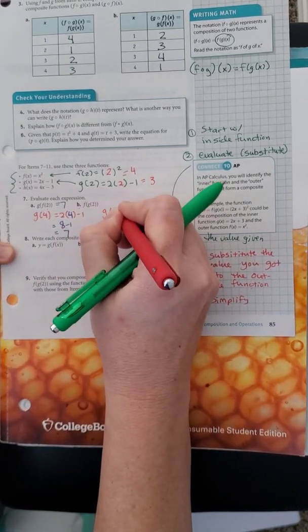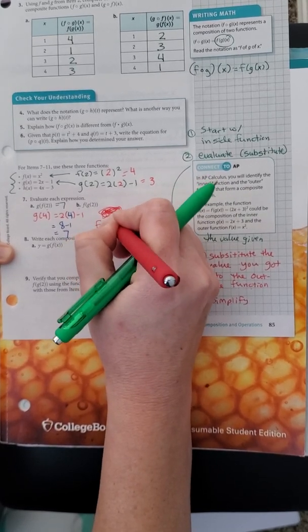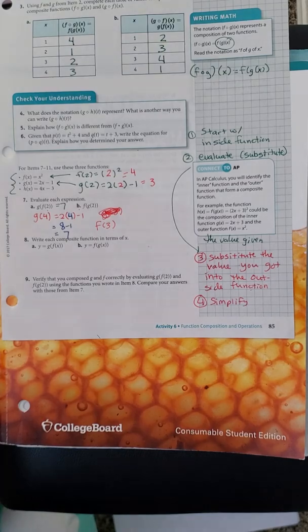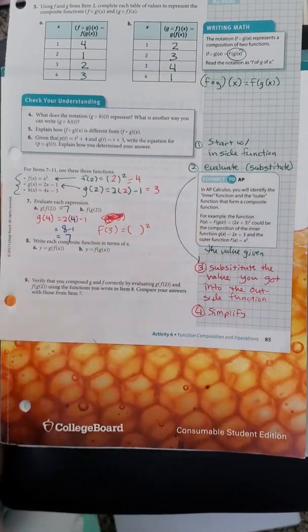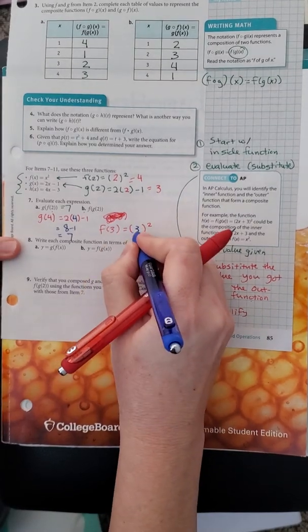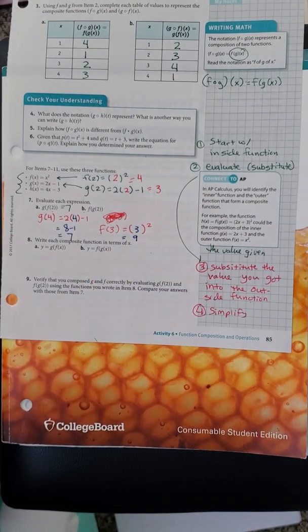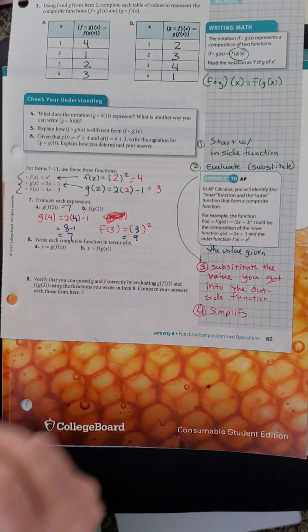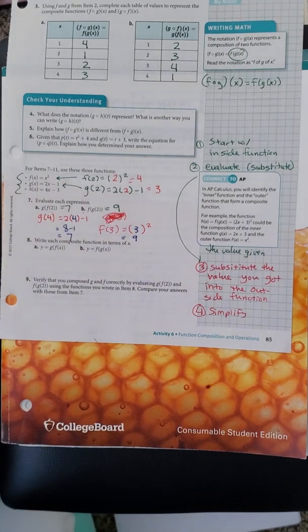I'm sorry, which is f, and I just wrote g. F of 3. All right, f of x is x squared, so we're going to substitute in 3. 3 squared is 9. And so f of g of 2 is 9. And that's our final answer.